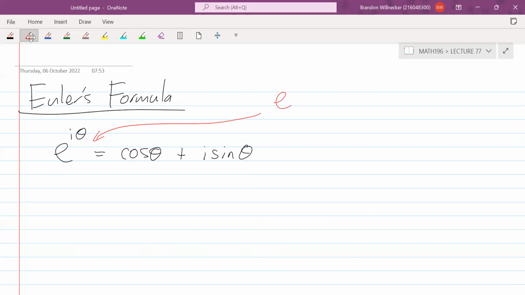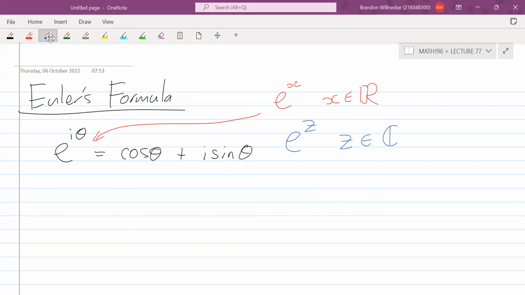We know that e to the x works for x being a real number. x can be a positive real number or a negative real number, and we can deal with e to the x. Now we extend this to complex numbers.